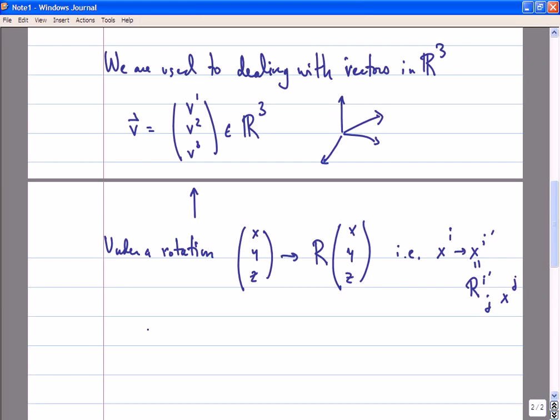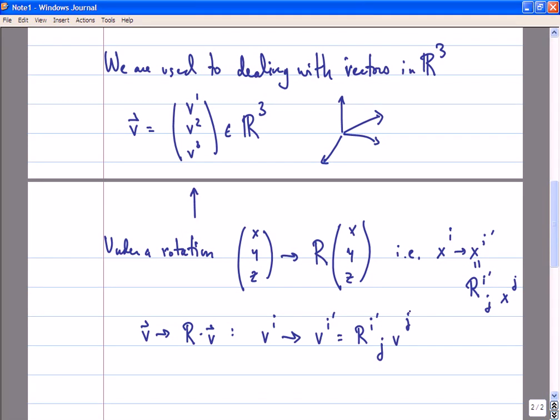So under this rotation, how do the various components of the vector transform? Well, they go to R times v. Or in component language, we would say that the v^i, when written in the new coordinate system, take the form of R^i'_j times v^j.